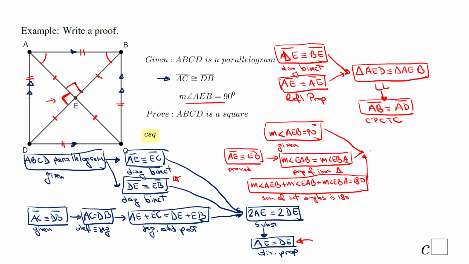So we're going to have 90 degrees plus twice the measure of angle EAB equals 180. Okay, and this is the substitution property.